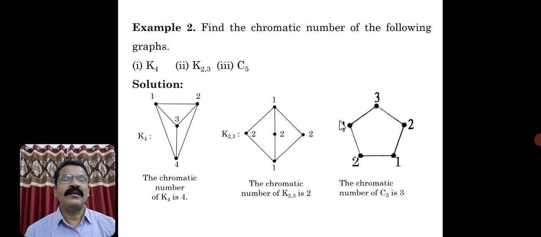What would be the chromatic number of a cycle? Whether the cycle is of even length or odd length, is it the same or different? One has to think about that. We just took some basic problems, 3 problems, to directly find the chromatic number of such graphs.